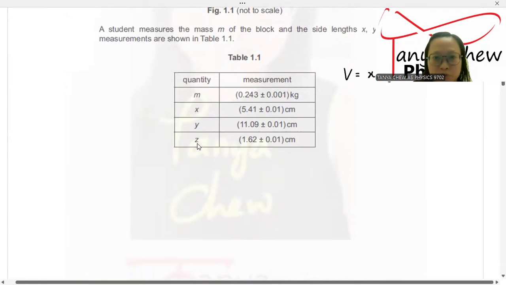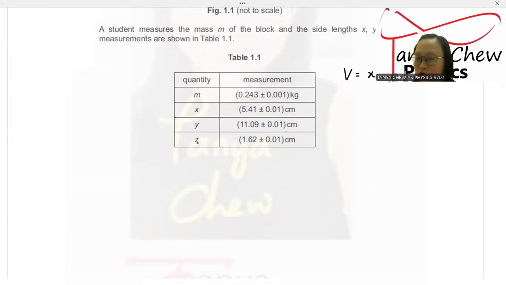So I have no choice but to change the x to meter. Just don't bother about the absolute uncertainty first. Change the x from cm to meter. So 5.41 cm, you want to change it to meter, you just divide by 100. So here, I'm just going to write that here.